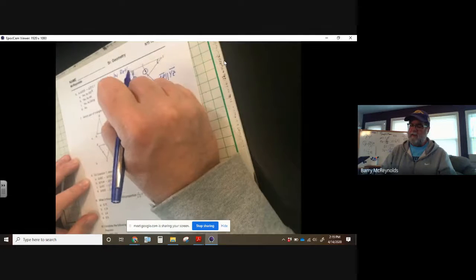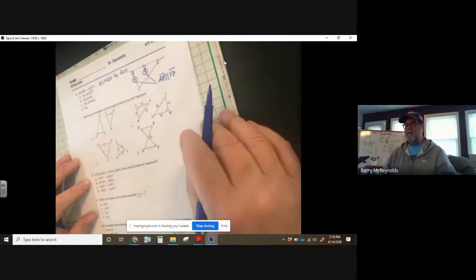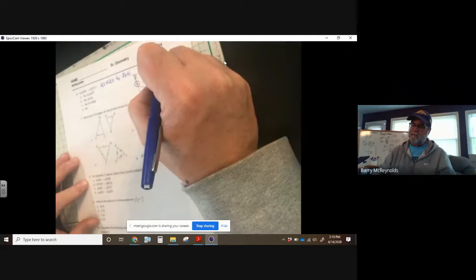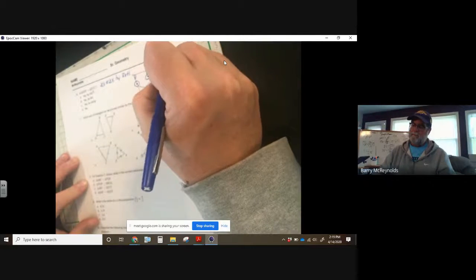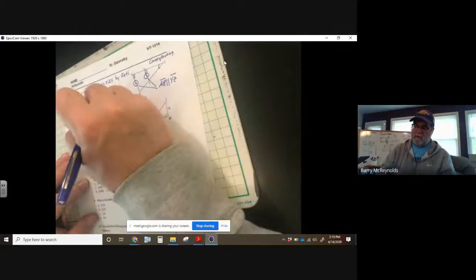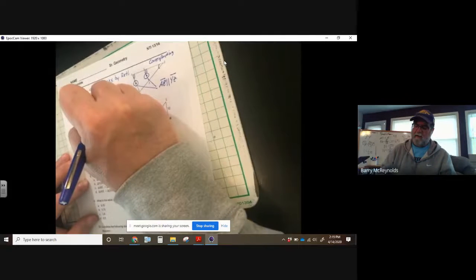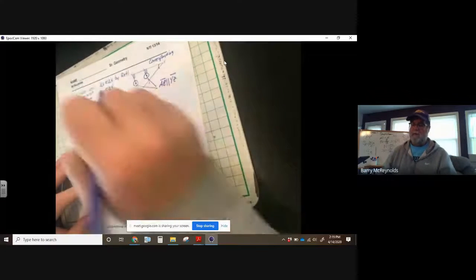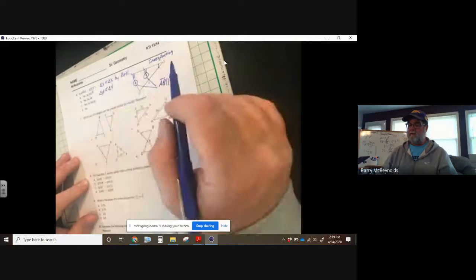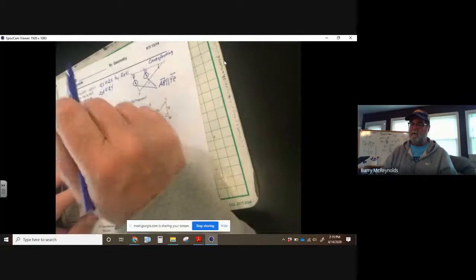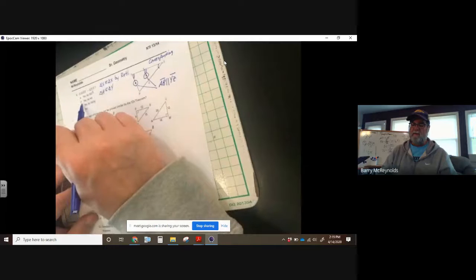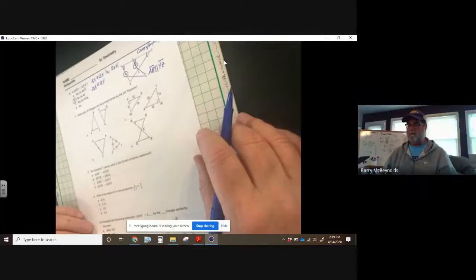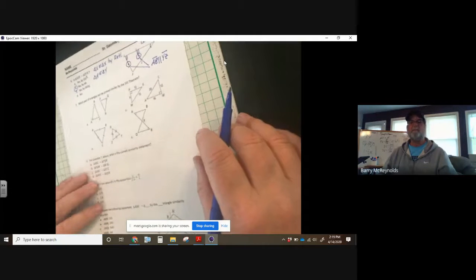And so angle A and angle Y are corresponding angles, and so now I can say that angle A is congruent to angle Y. And now I have two angles congruent. So these two triangles are similar by the angle-angle postulate. Okay, so that's number 6.